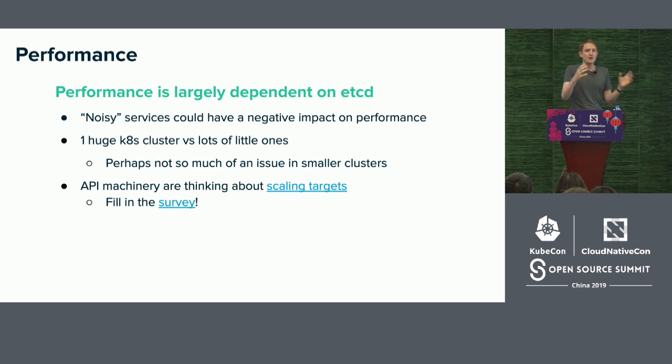It's even possible that you may just have a separate dedicated cluster purely for these extensions. You may not even enable the scheduler on that, for example. So there's lots of things to think about. The final thing I want to say about performance is the API machinery folks are thinking about scaling targets for CRDs themselves, and there's a survey there if you're interested. Please go fill that out.